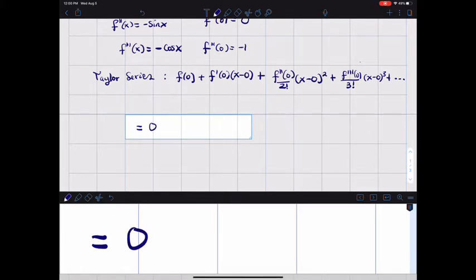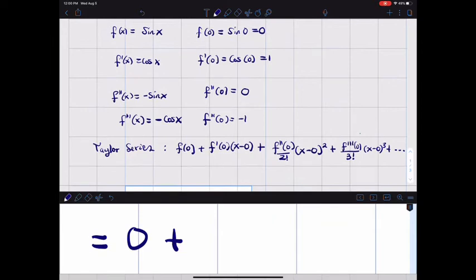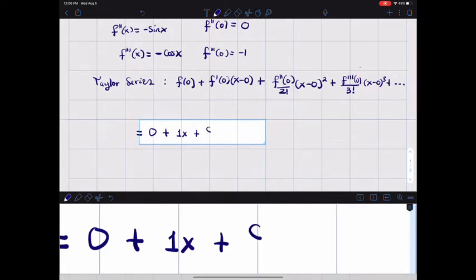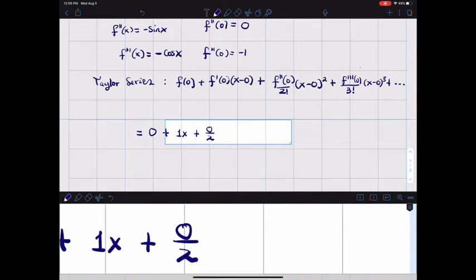f prime at 0 is 1, so we have 1 times x, plus f double prime at 0, we have 0 over 2 factorial, which is 2, times x squared.